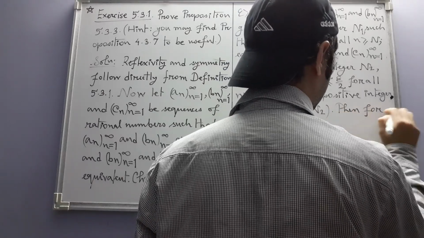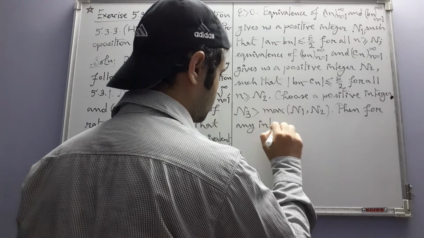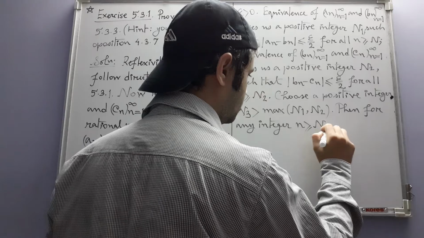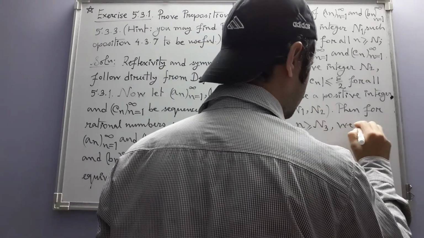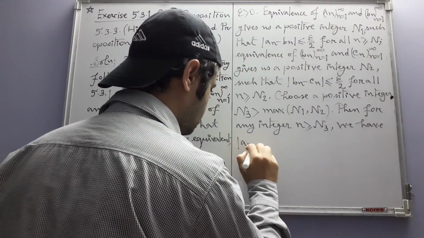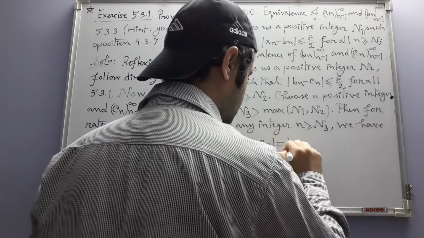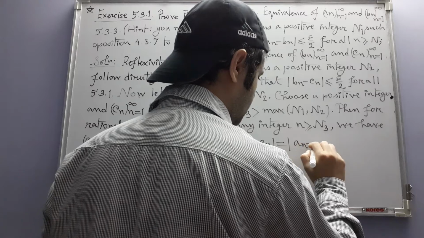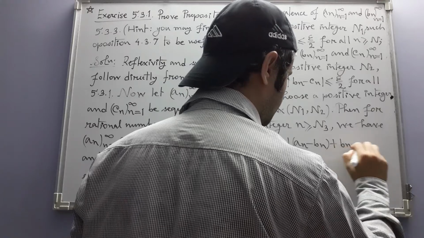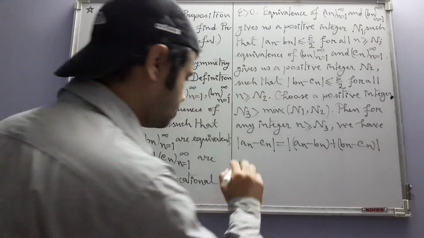Then for any integer n greater than or equal to N3, we have the distance between a_n and c_n. This can be written as a_n minus b_n plus b_n minus c_n. Now you use the triangle inequality.